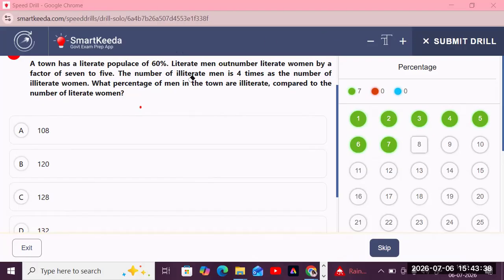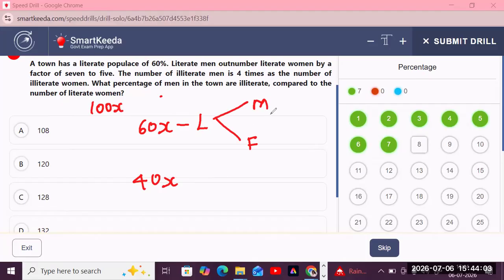I think the ratio is given properly, but in words. The town has a literate populace of 60%. So if 100x is the total population, then 60x is literate and 40x is illiterate. Out of these literate people, literate men outnumber literate women by the factor of 7 to 5.